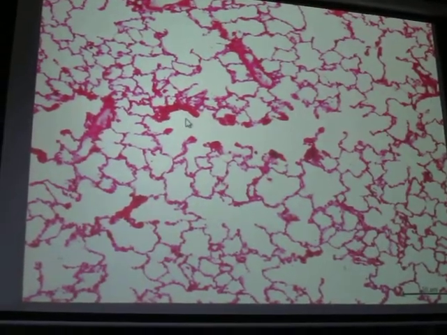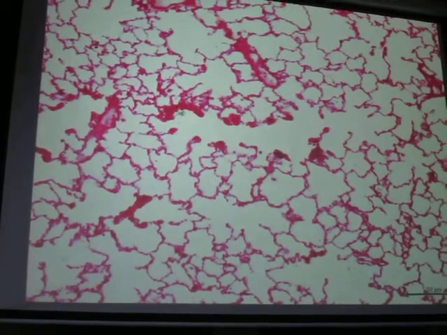At this part, this is the duct at this portion. But at this area, you still have the respiratory bronchiole. This is the respiratory bronchiole and it will be continuous with your alveolar duct.